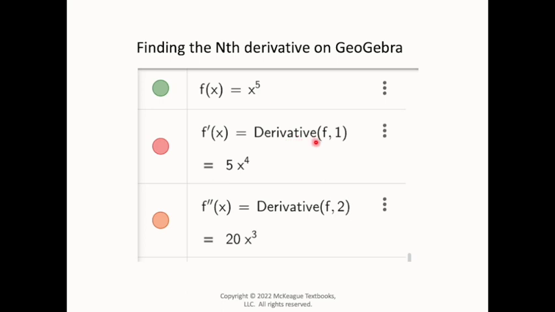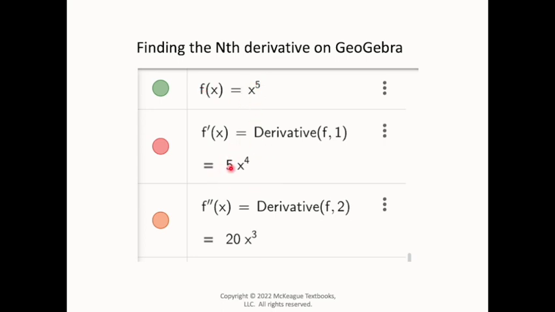One option will come in where you can put in the function. Another function will come up where it says you can put in the order. When you put in the order, that just tells you what order derivative. So if I put in derivative of f, comma 1, that's going to tell GeoGebra to take the first derivative of f, which is x to the 5th. And there it is right there.